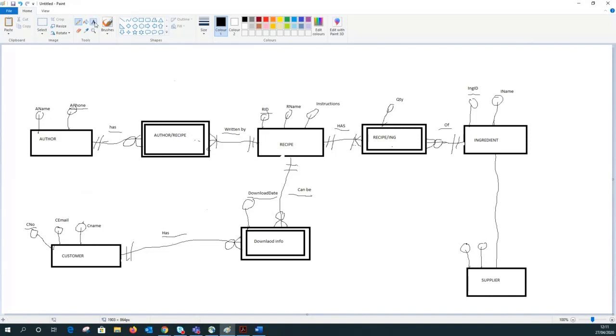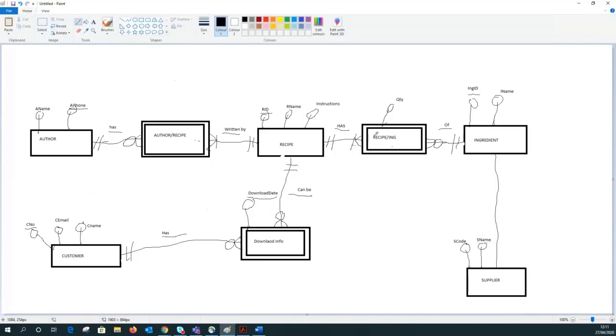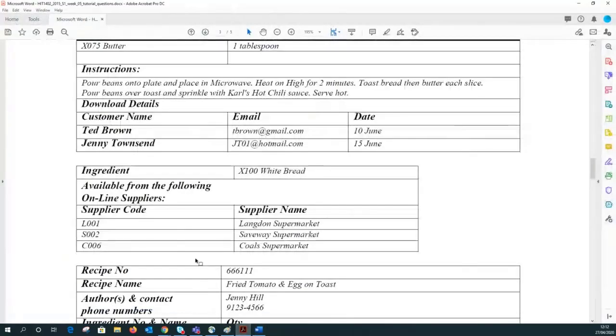Okay, let me write that information there. Supplier code and the supplier name. So looks like a strong entity, isn't it? Suppliers, because supply code is unique. Right, so suppliers are supplying the ingredients, and one ingredient can be supplied by many suppliers.